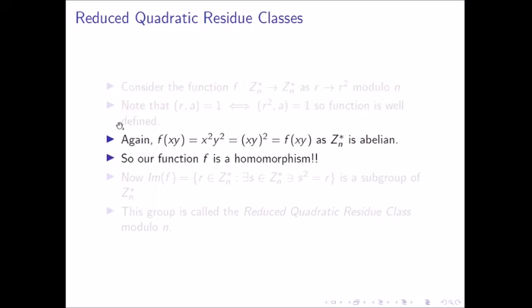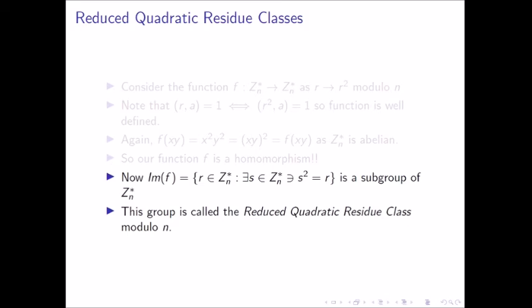Now note that f of xy is equal to x square y square, which is equal to xy whole square, since Zn star is abelian, which is equal to f x times f y. As Zn star is abelian, this property says that f is a homomorphism. Now the image of f is equal to all units of Zn such that it's a square, or there exists some s inside Zn star such that s square is equal to r.